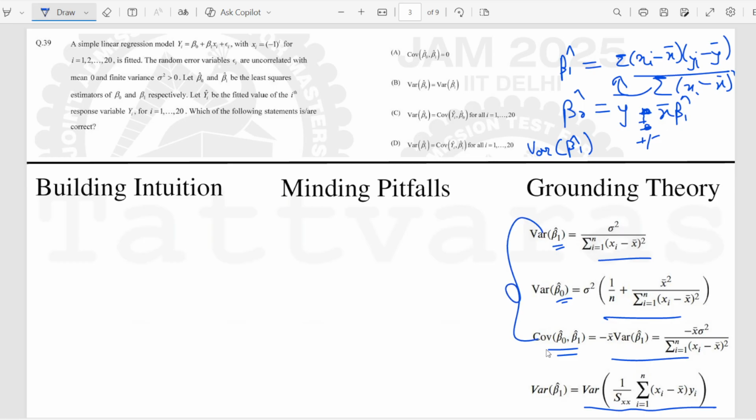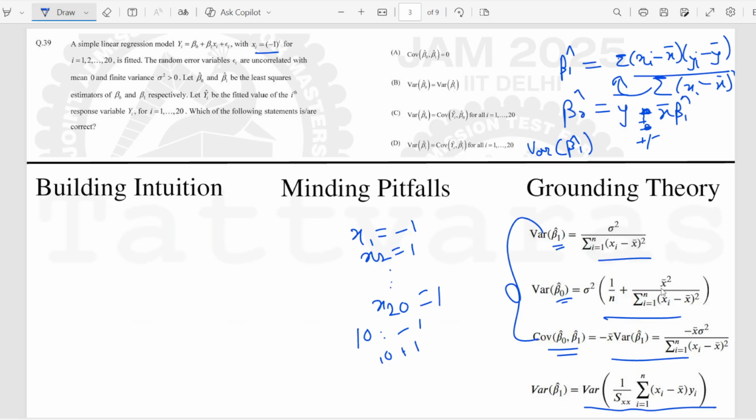And for this particular structure of xi's, it is telling us x1 is -1, x2 is 1, and this pattern goes all the way up to x20 which is 1. So you may be able to see there are 10 values of -1, 10 values of +1. Best case scenario possible, the sample mean is 0. That is why a lot of things become easy for us.